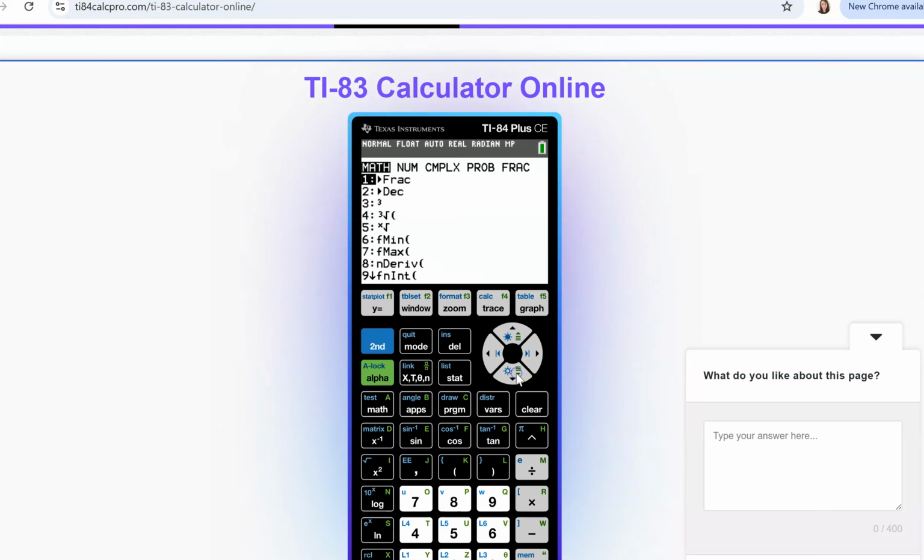Go to the summation. And then you can put this in. Let's just put in X as a 1.